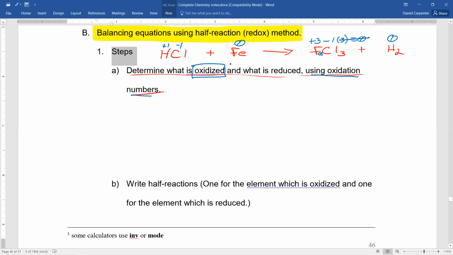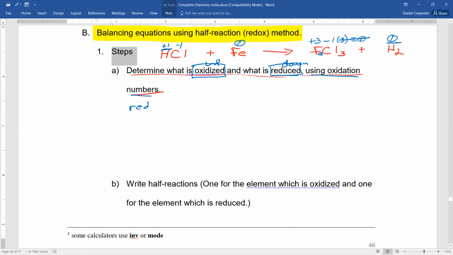Remember, oxidized means that the number goes up from left to right. And what is reduced? Reduced means the number goes down from left to right. So hydrogen is +1 on the left, 0 on the right. +1 to 0 is down, or reduced.